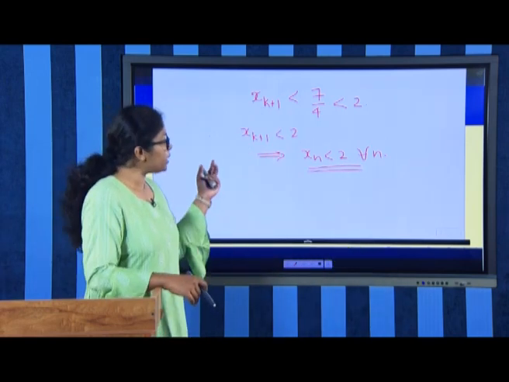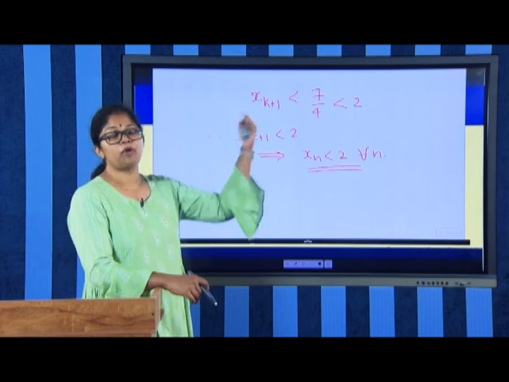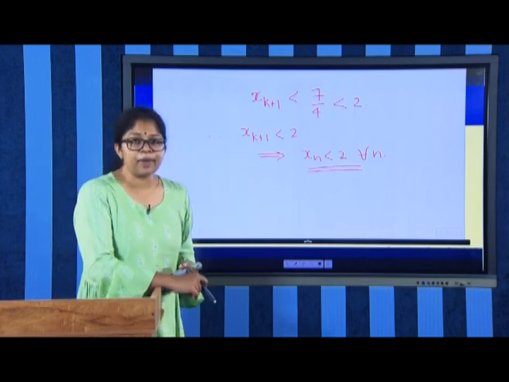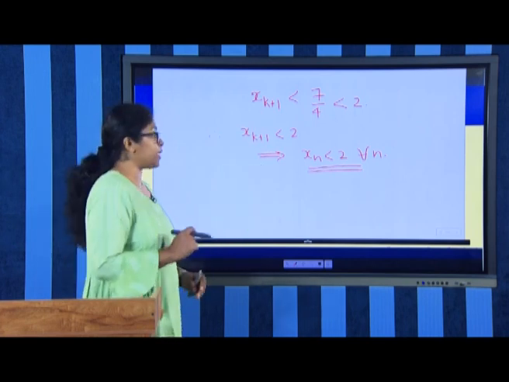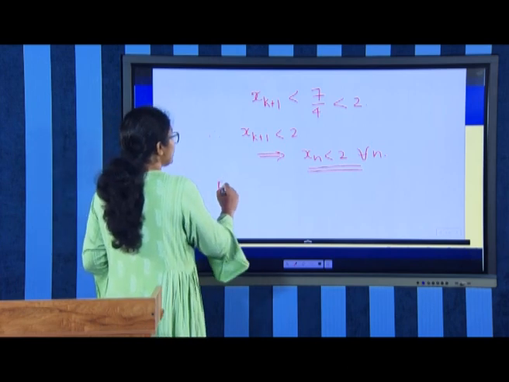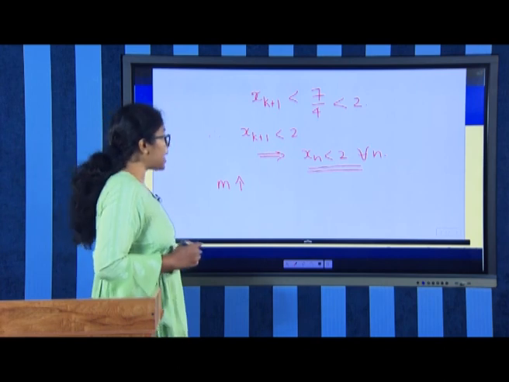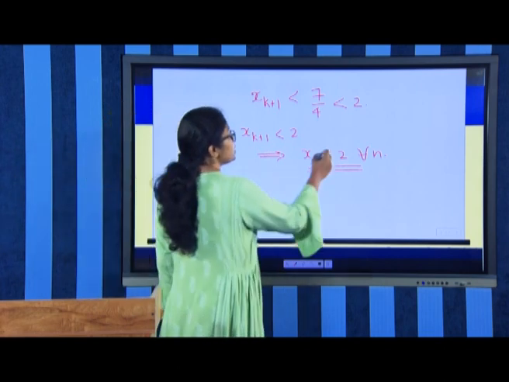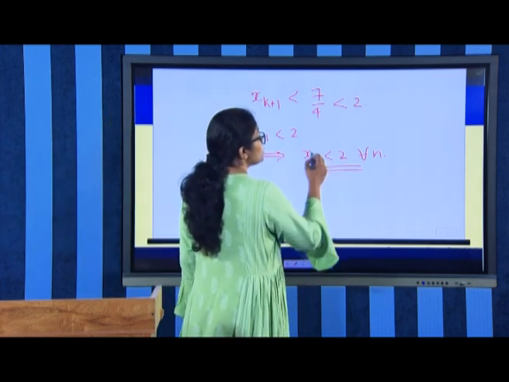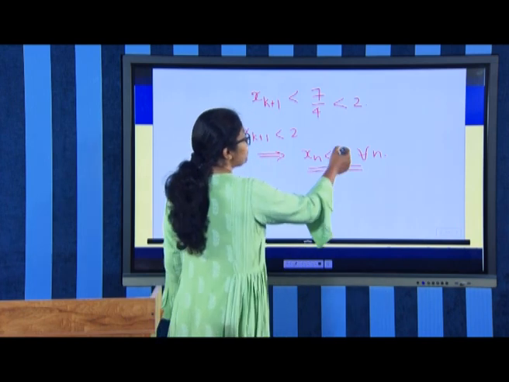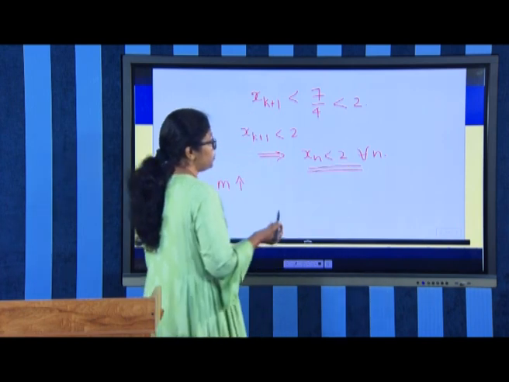We have every xn bounded above by 2, and then applying the monotone convergence theorem, we have to show that it is a monotonic increasing sequence, so that the monotonic increasing sequence converges to the supremum. So, 2 is an upper bound.